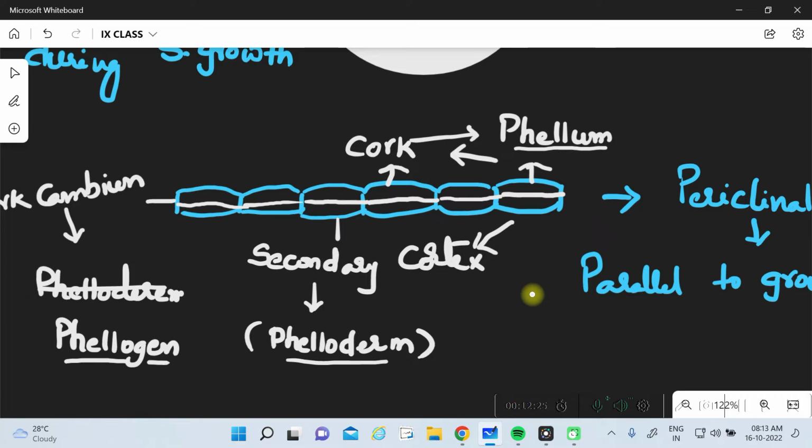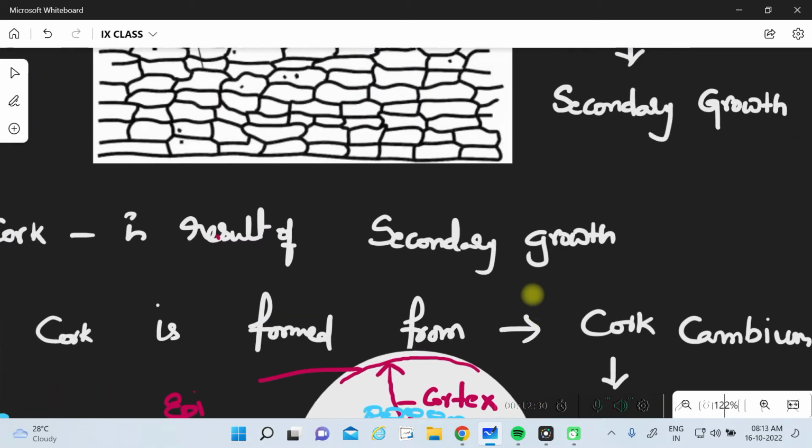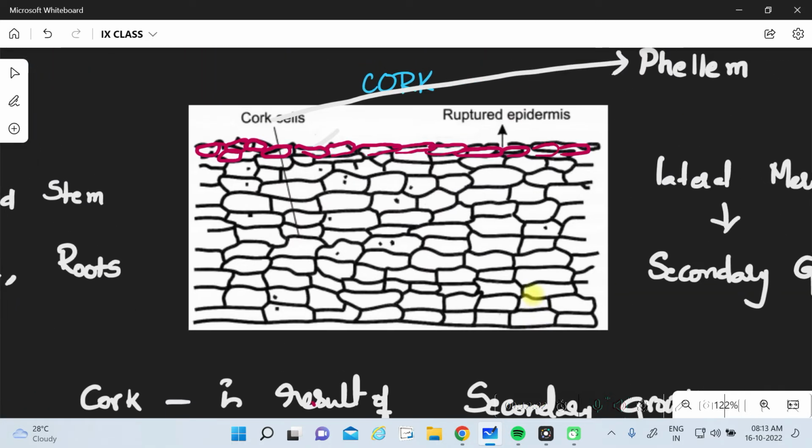Now coming to the cork cell structure. Let us describe how these cork cells are present. When we look at the cork cells, they are more or less rectangular in shape. You can see this is more or less rectangular.